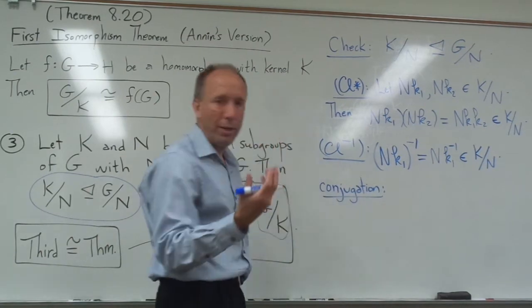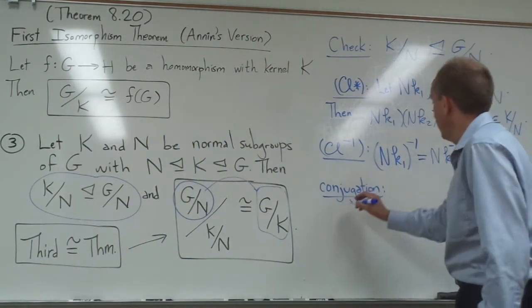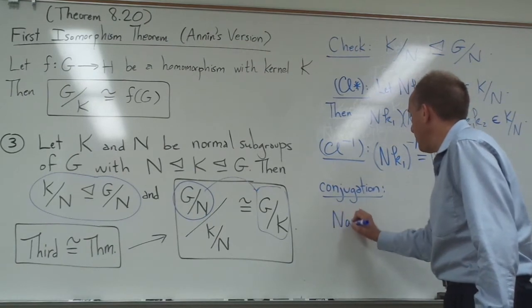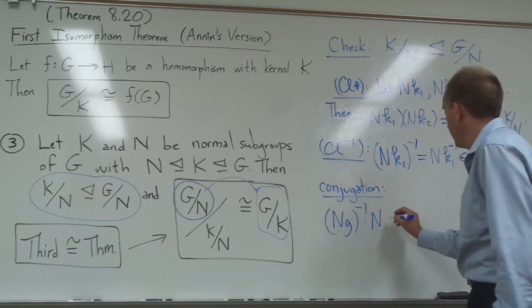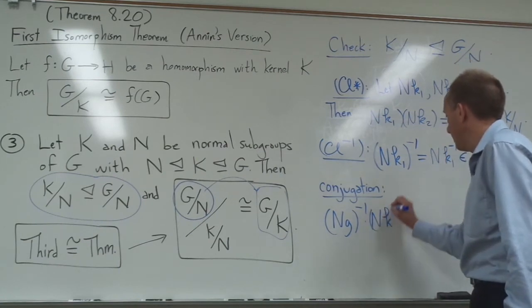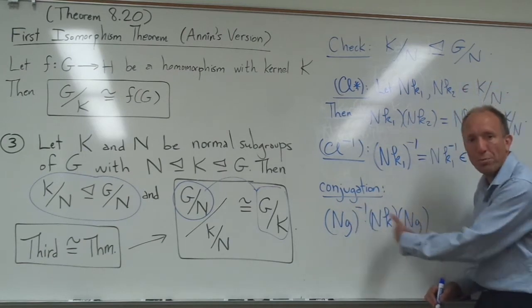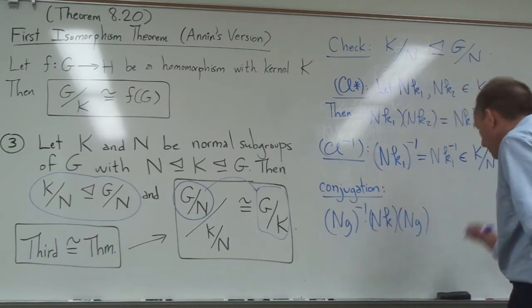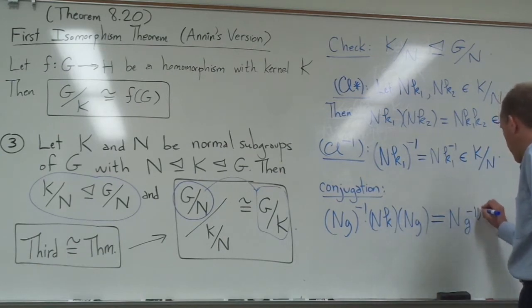And then under conjugation, what are we going to be doing for that? Well, we're going to be taking something like Ng inverse times Nk times Ng. This is what a conjugation expression would look like. And you just simplify this thing down. It's just N of g inverse kg.